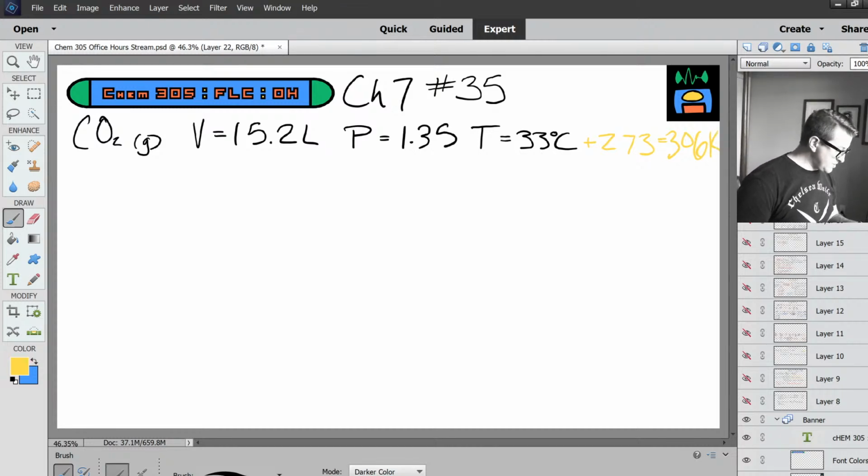And then part C, temperature in degrees Celsius. Determine the following for this gas sample.